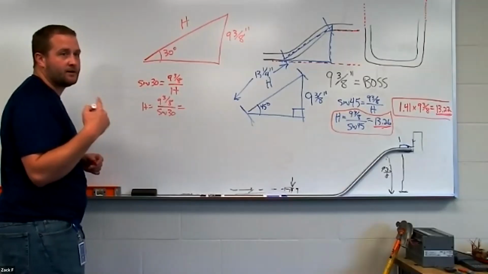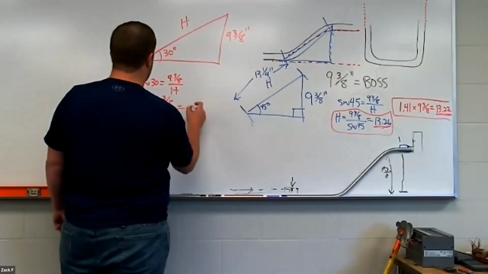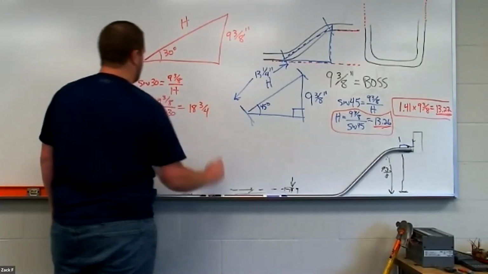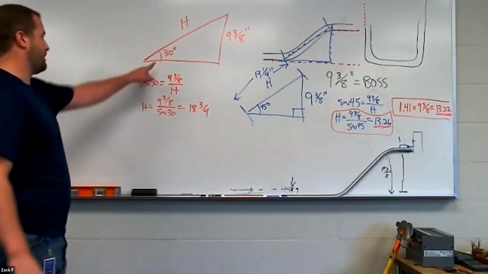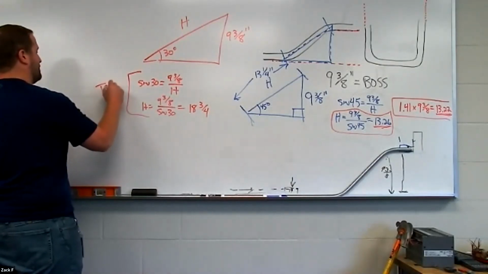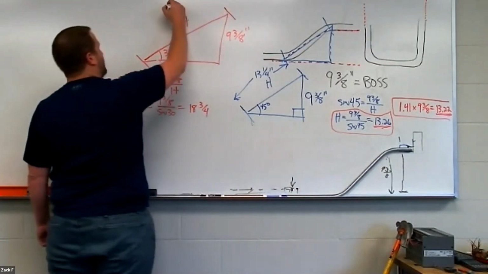Weird how I knew that so quickly, like I'm a human calculator, because the multiplier for 30 degrees is 2. Yes, thank you. So 18 3/4. So what is the multiplier of 30? So this is trig. We know this has to be 18 3/4.